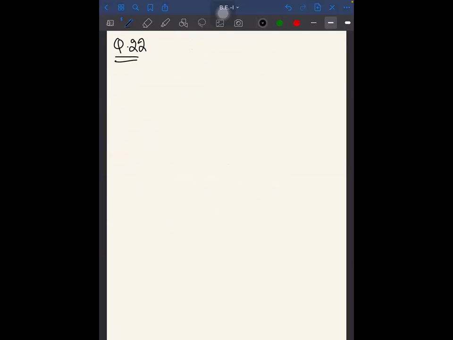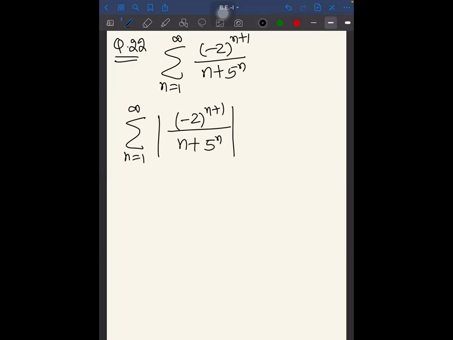So the question is, summation n runs from 1 to infinity of minus 2 raised to power n plus 1 upon n plus 5n. Okay, right? So consider the absolute values. So how are you gonna check it? Once you implement the absolute values, you are no longer eligible to apply the Leibniz test, because Leibniz test is made only for alternating series. So this is 2n plus 1 upon n plus 5n.